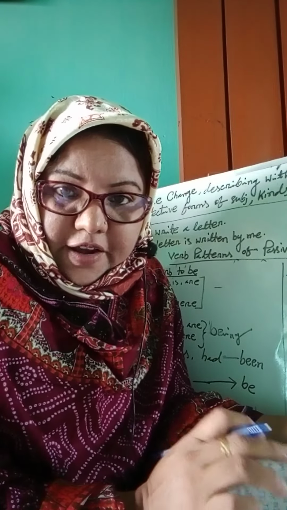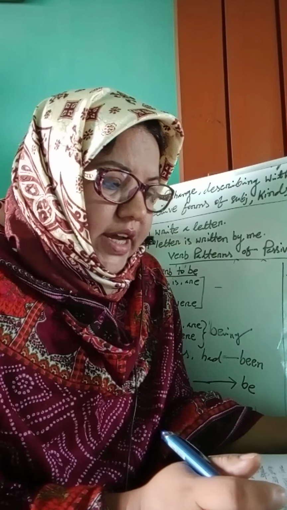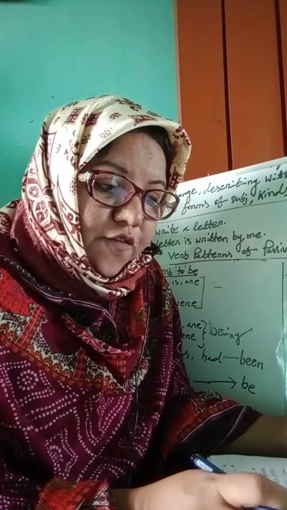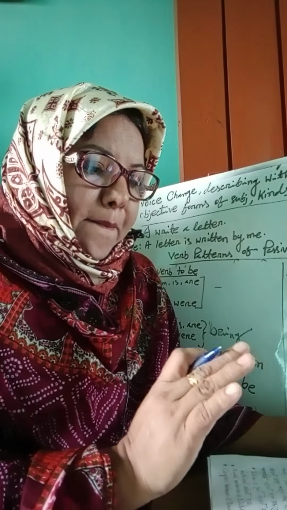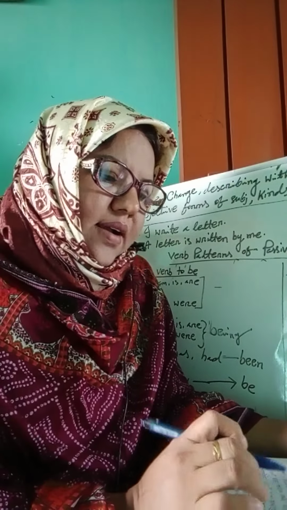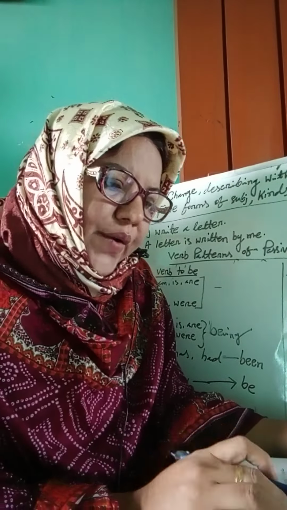Rule 3, the main verb is changed into the past participle form and it is preceded by the correct form of the verb to be in passive voice. That means in passive voice the main verb always, for all tenses, is changed into verb 3 or past participle form.